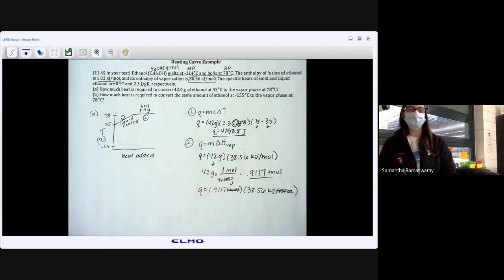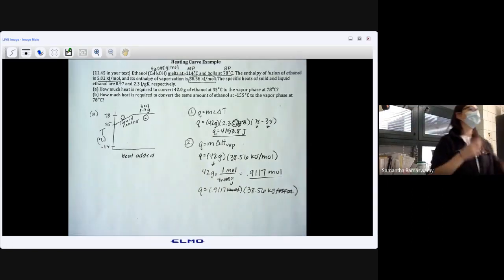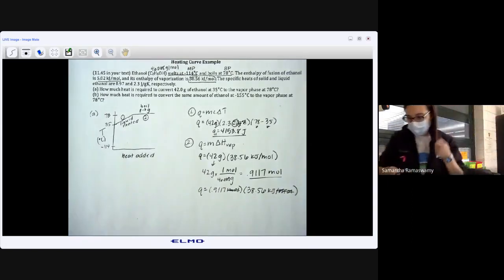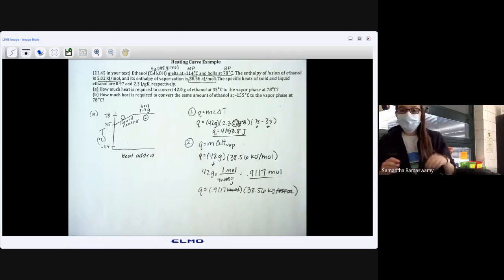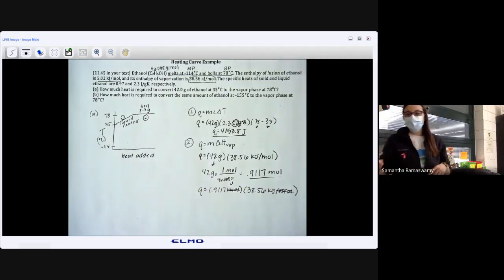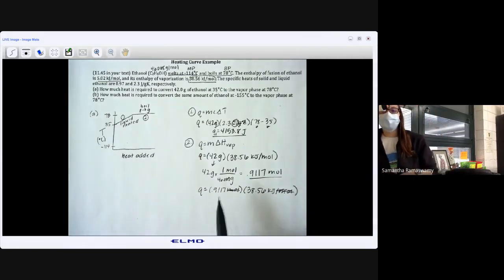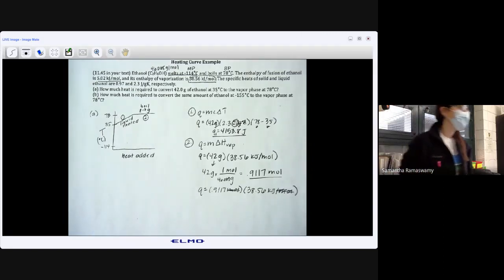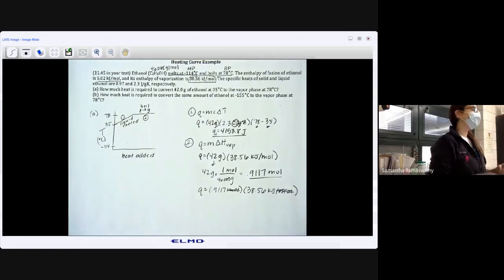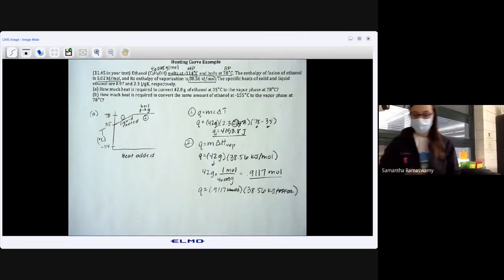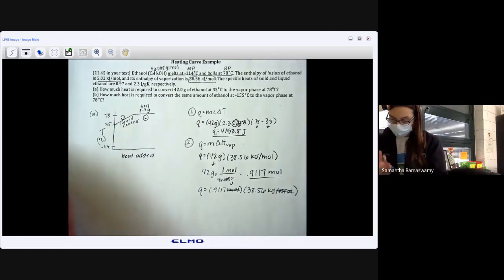This is why units are so important. Now I would suggest, leave it in your calculator, or round to at least 4 sig figs like I did here. If you do 0.9, you're going to get a completely different number in Mastering, and it's going to tell you that it's incorrect. I just leave it in my calculator.